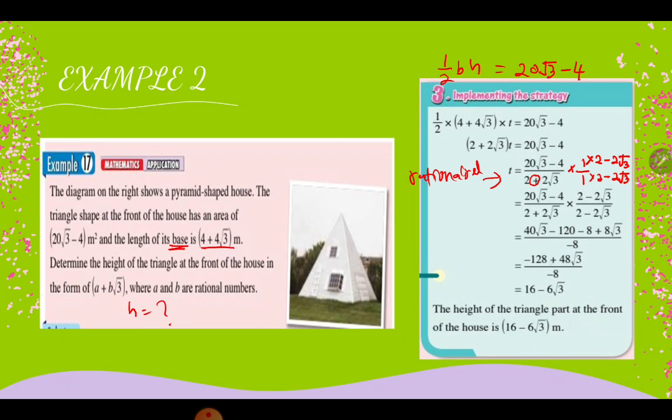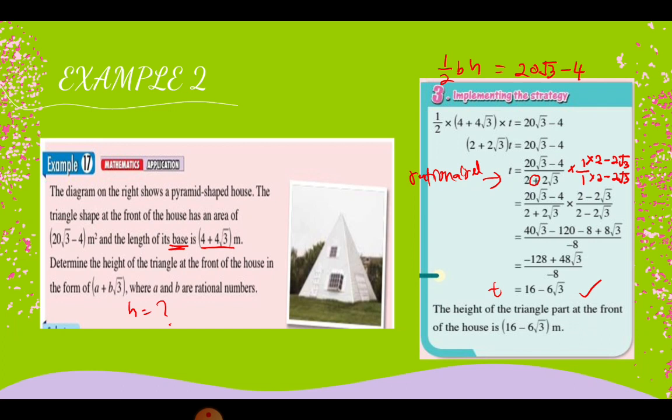Negative 128 over negative 8 can be simplified to 16, and 48 over negative 8 can be simplified to 6. So this is our answer for height. We can conclude that the height of the triangle part at the front of the house is 16 minus 6√3 meters.